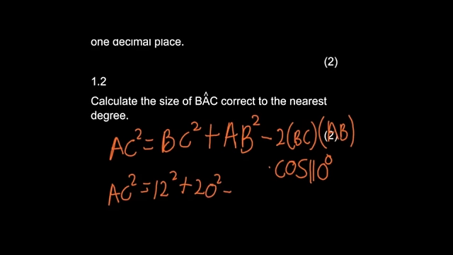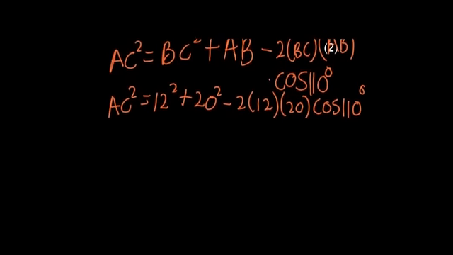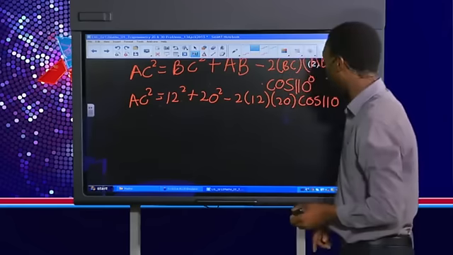So BC is 12 and AB will be 20. And that is multiplied by cos of 110 degrees. So let's bring our calculators up. But remember, we don't want AC squared. We want AC.